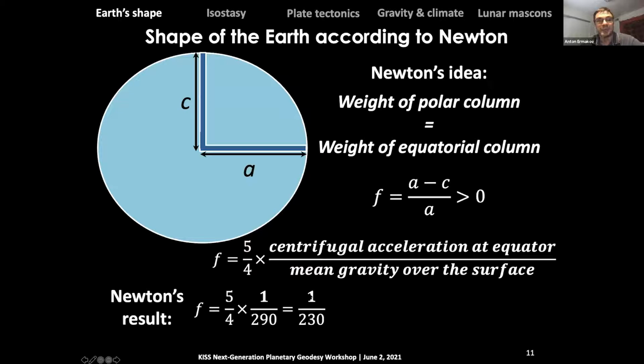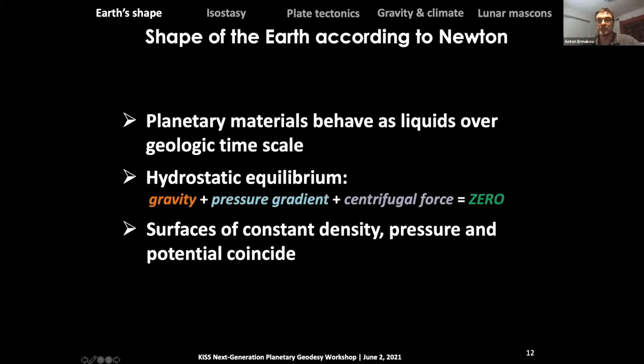According to his predictions, it should be 1/230. In modern terms, Newton used the concept of hydrostatic equilibrium, a state in which the gravity force is balanced by the sum of pressure gradient and centrifugal force. In hydrostatic equilibrium, the surfaces of constant density and constant pressure would coincide, and there would be no shear stresses in the body.